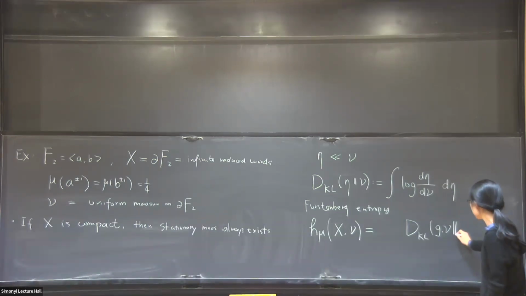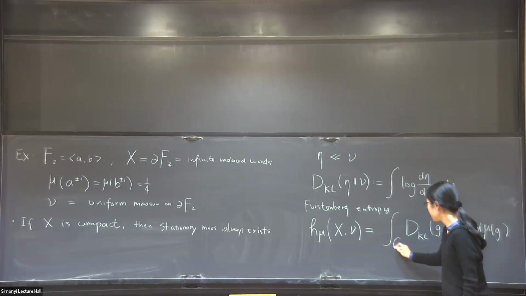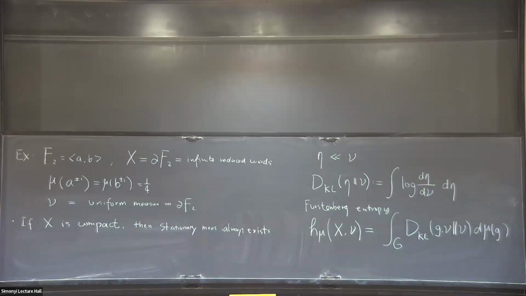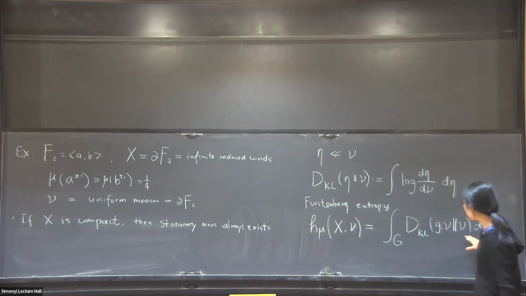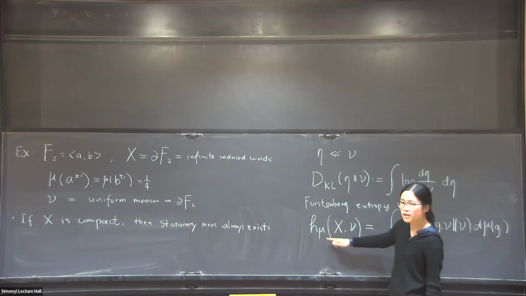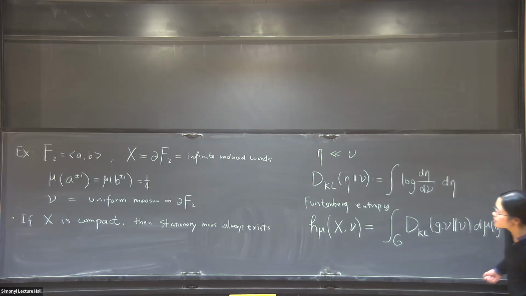Shift the measure and compute the divergence, and then you average according to the one step distribution. So this is the definition of the Furstenberg entropy of this action. And this number is an important invariant in the Poisson-Furstenberg boundary theory. If you look at the Furstenberg entropy of the Poisson boundary, it's related to the random walk entropy. So this invariant plays an important role.